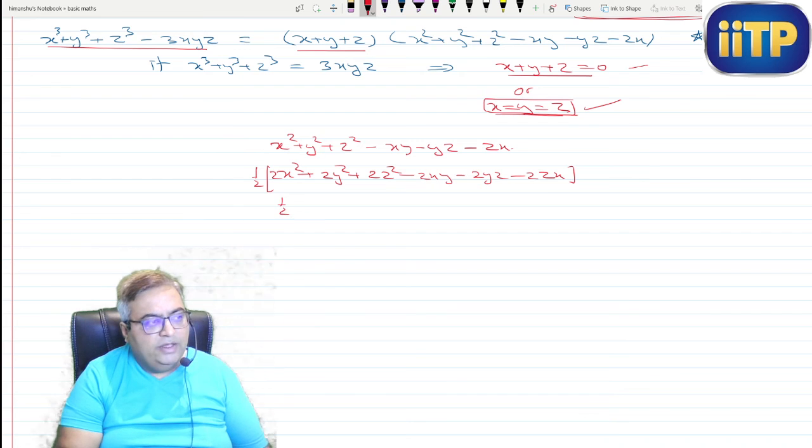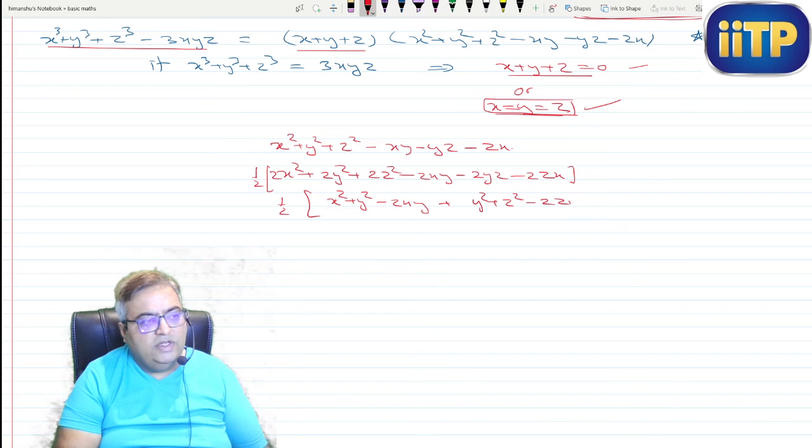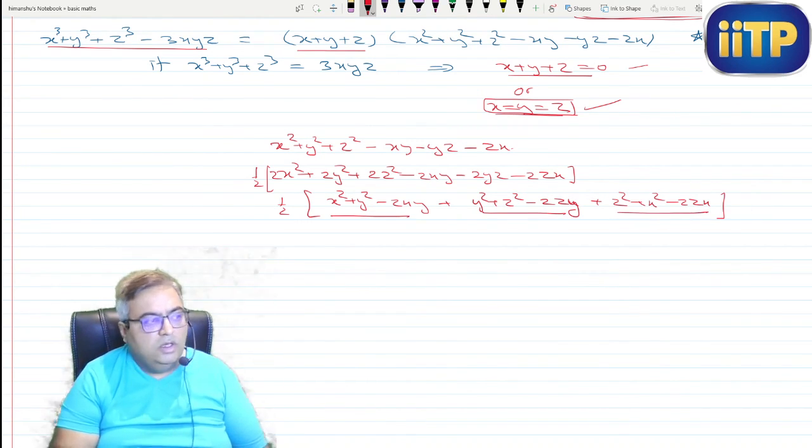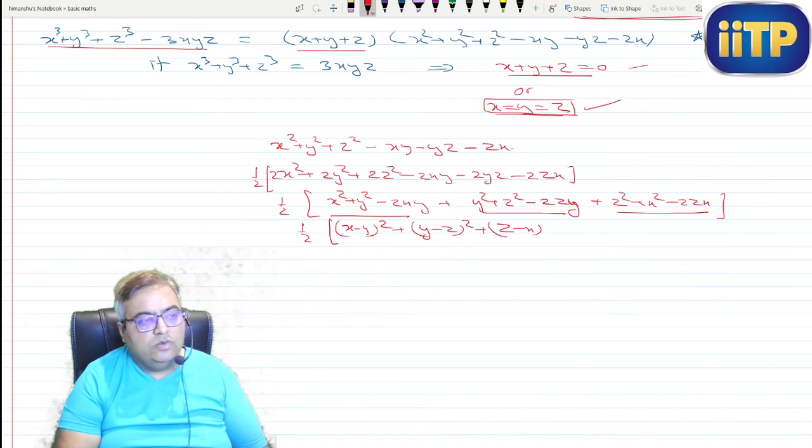Now I am manipulating it like this: x square plus y square minus 2xy, plus y square plus z square minus twice zy, plus z square plus x square minus twice zx. This expression will be x minus y whole square plus y minus z whole square plus z minus x whole square.